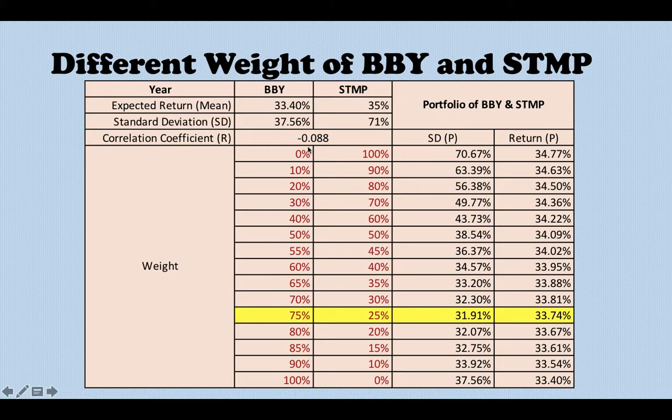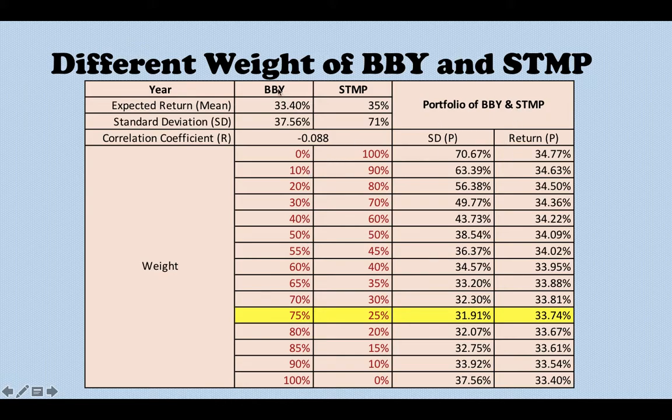Let me go further and see what happens if I hold different proportions of Best Buy and Stamp. Let's say I hold 0% Best Buy and 100% Stamp. Then the standard deviation just equals Stamp's standard deviation, and the return is just Stamp's return.